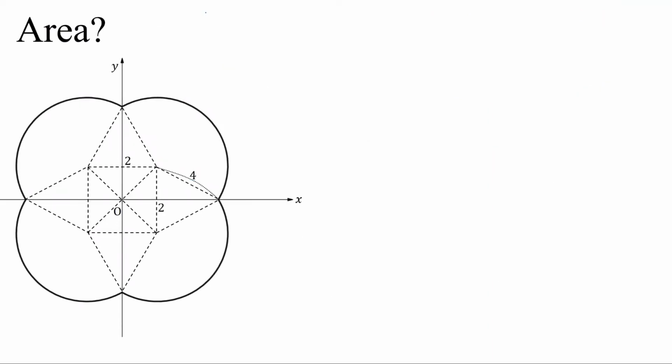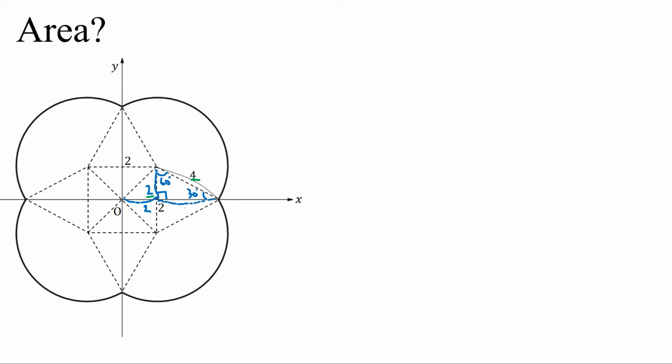Alright, in order to calculate the area, we must find some lengths and angles. First, notice that this length here is 2, and this length here is also 2. So here we have a 1:2 ratio, which means that this triangle is a 90 degrees, 60 degrees, and 30 degrees triangle.